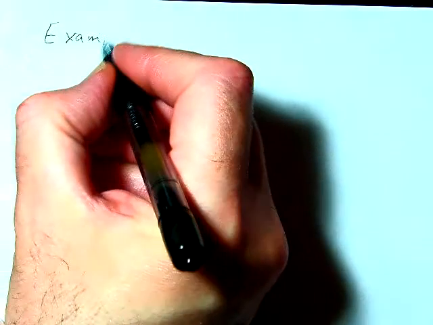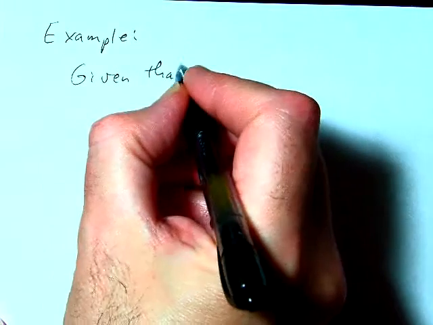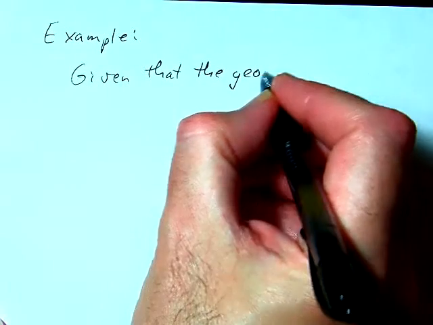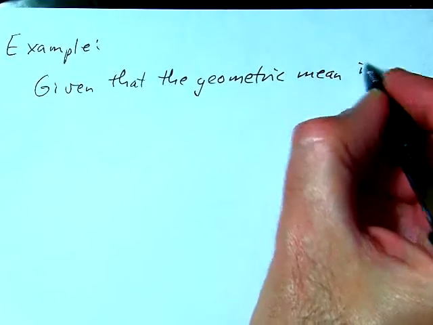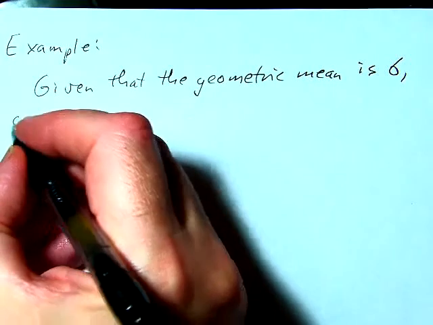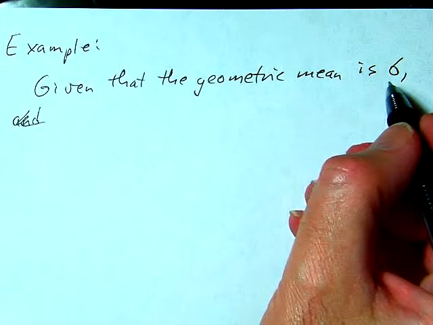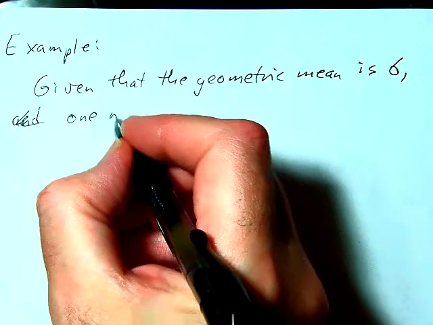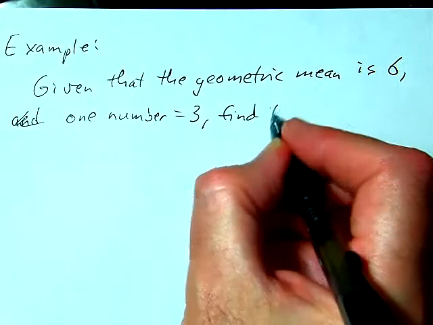Now you can have another type of problem where you could be given the geometric mean. Okay, so let's say given that the geometric mean of two numbers is 6, one number is equal to 3, find the other number.